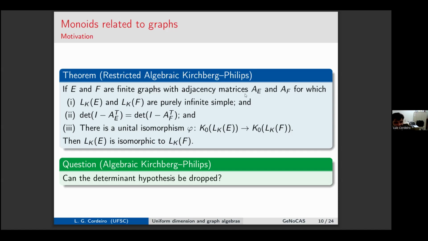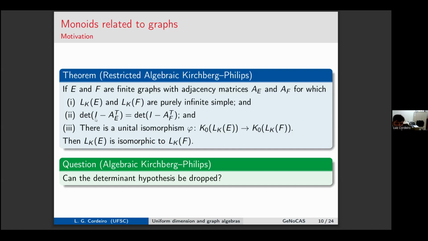The restricted version has this determinant condition on the adjacency matrices of the graphs, right? In the case that the algebras are purely infinite simple, and we have this condition here, which is not really trivial, then any isomorphism or unitary isomorphism between their K0 groups induces an isomorphism between the Leavitt Path algebras.